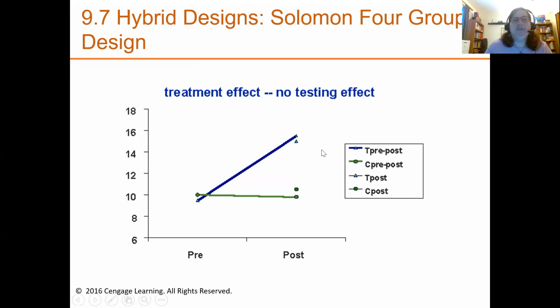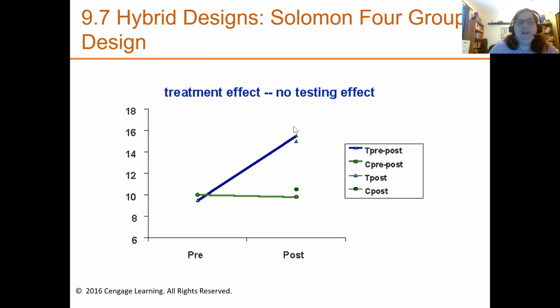And so here is an example of this. Here we go. We have a treatment effect, but no testing effect. So here we have pre-post. Here we have pre-post. And as you can see, the one that got the treatment actually improved, but the one that didn't get the treatment, there's really no difference here, right?